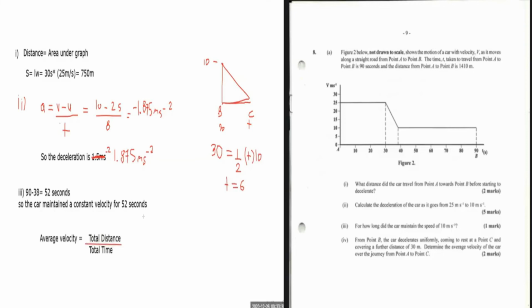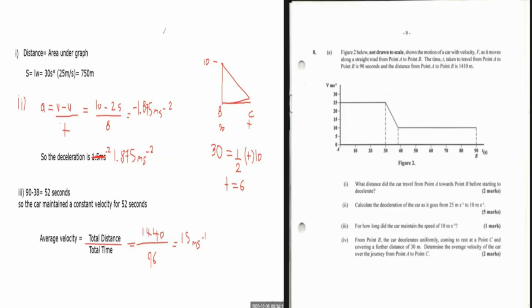And the total distance is add the 30 to the 1410. So the total distance is equal to 1440, divided by the total time to cover this, which is 96 seconds. And so that is equal to the average speed. 1440 divided by 96, that's 15. So the average speed is 15 meters per second.